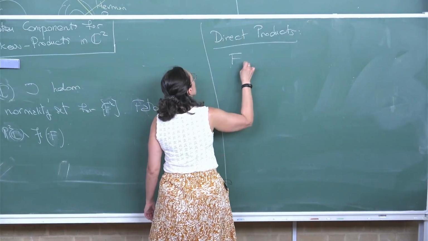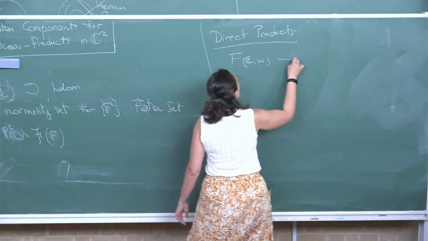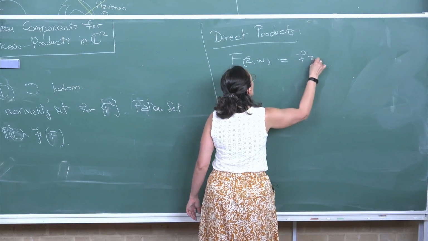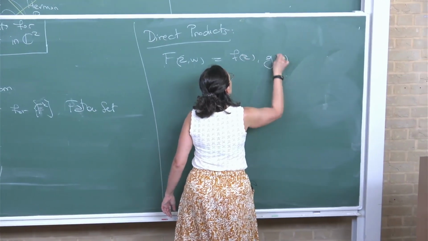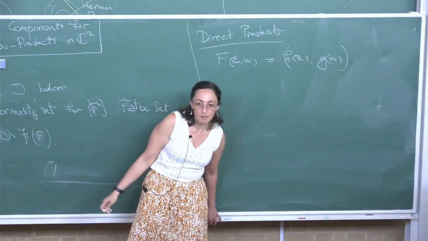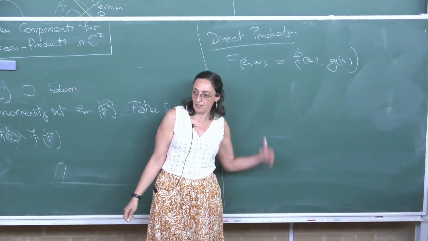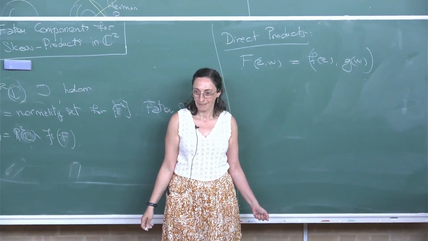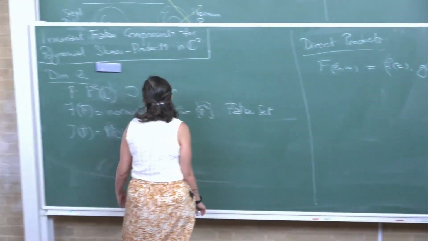So you can consider a map. And now you tell me, if you're awake, that this is not P2, right? So why am I writing it like this?